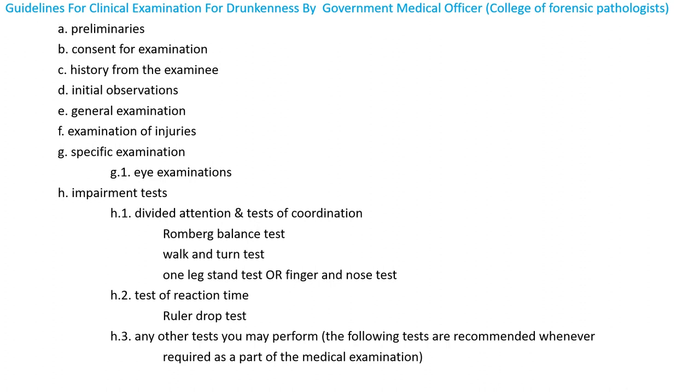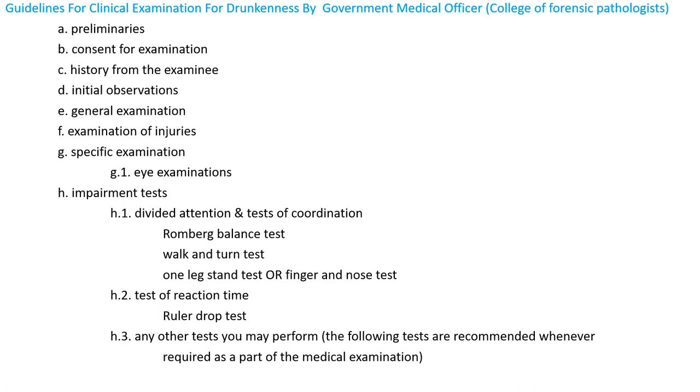As the summary, we have learned what is meant by alcohol and its types, the action of alcohol on the body, how it affects driving, and how to determine blood alcohol levels by using lab tests, as well as by the clinical examination that should be performed by a government medical officer.